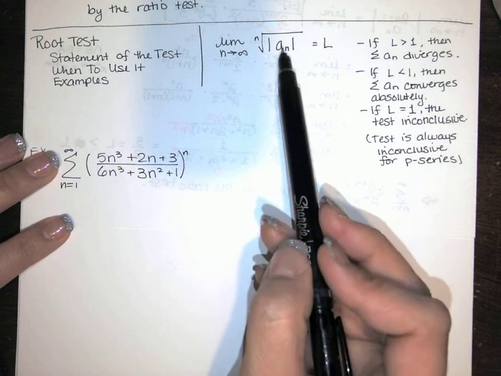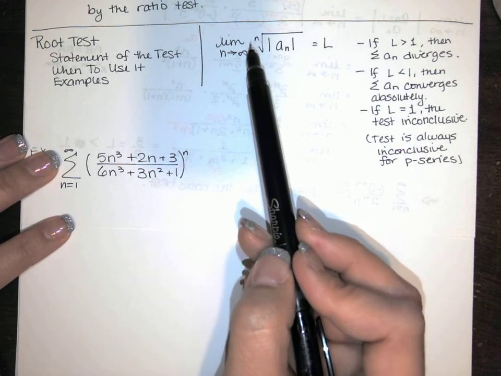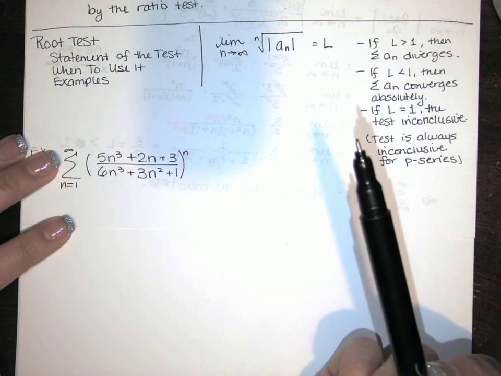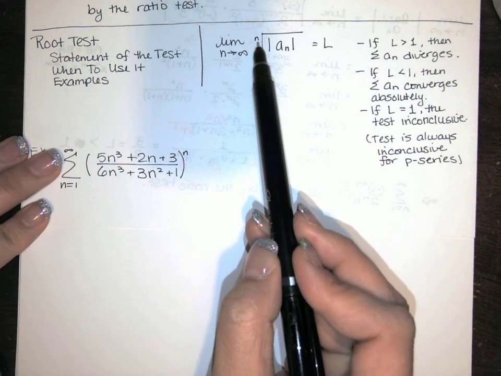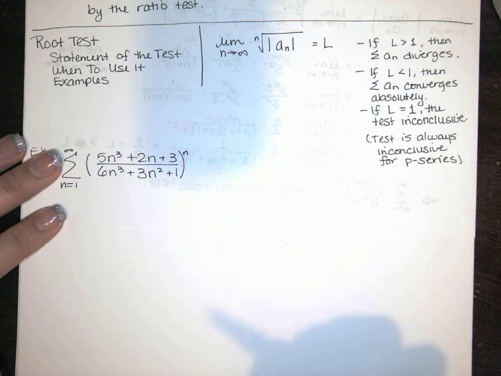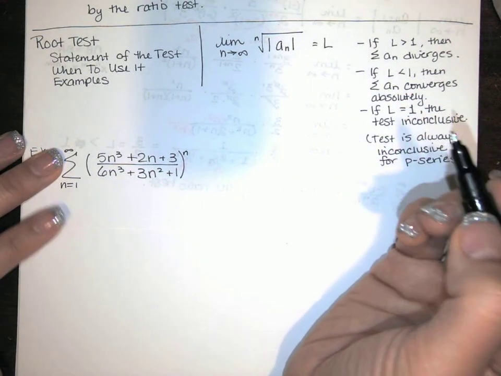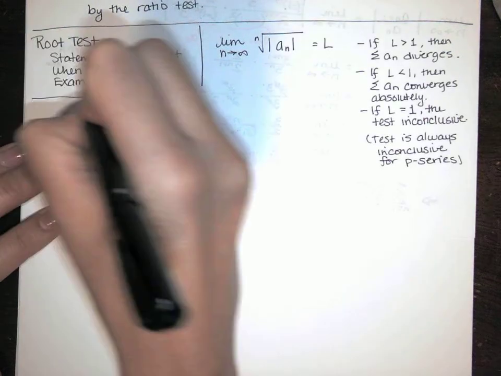We always want to use this if a sub n is something to the nth power, so that when you take the nth root of that expression, the nth power and the nth root undo each other, and you are left with a function that's easy to take the limit of as n goes to infinity. So let me write that down for you.